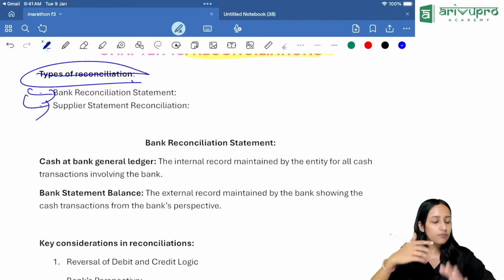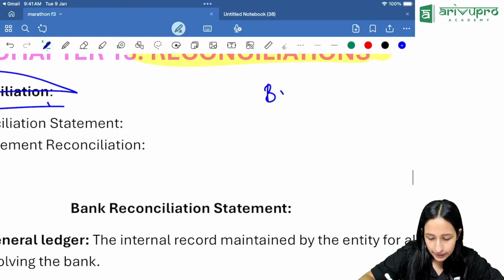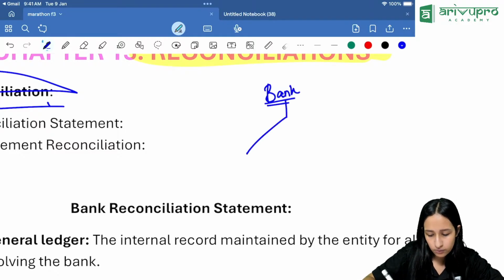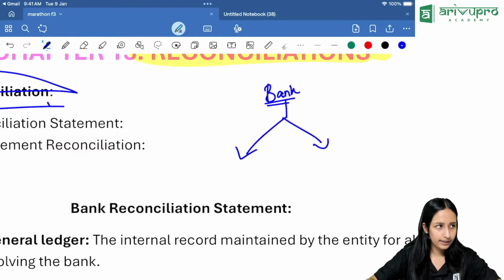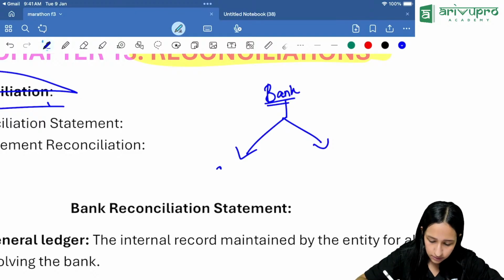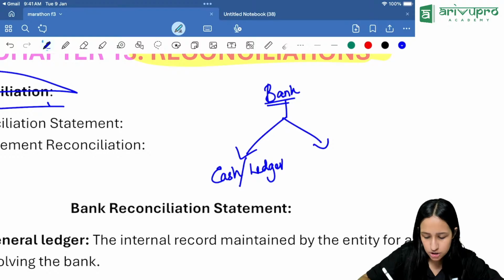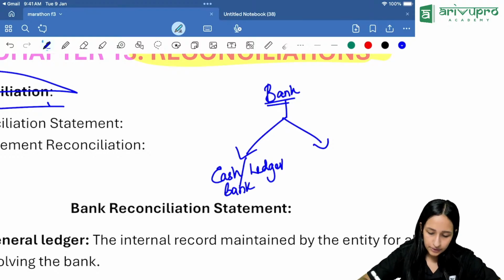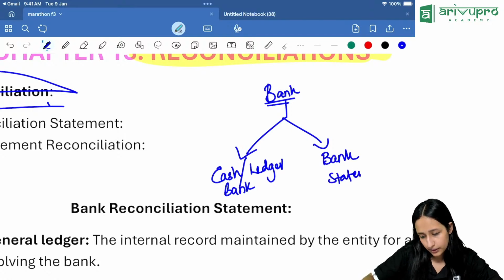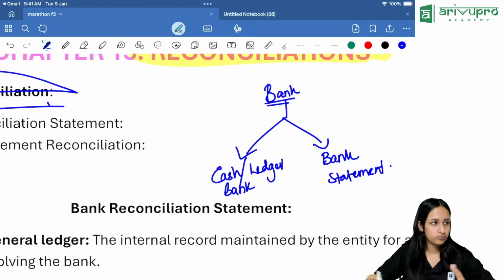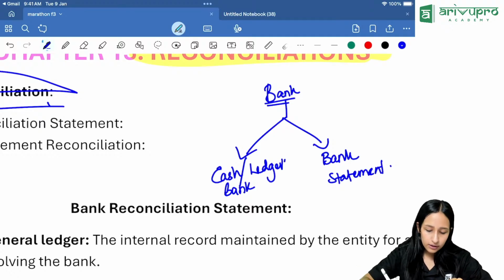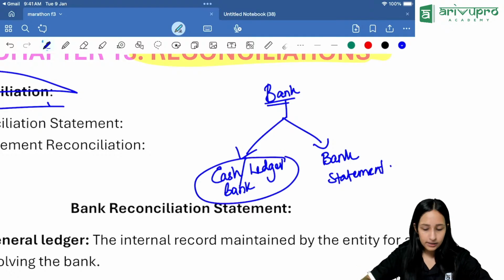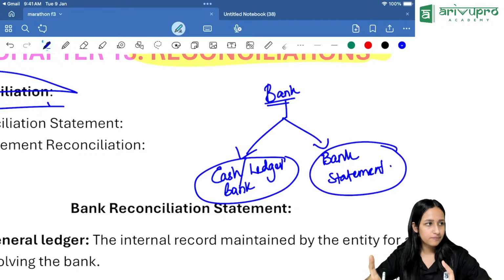So we'll have to compare two things. Whenever we're looking at bank, let's just focus on bank for now. There are two things, right? One is the cash ledger, the company's cash or bank ledger that the business has. And the other one is the bank statement that the bank prepares. We will be making the ledger manually; the bank will be preparing the statement.